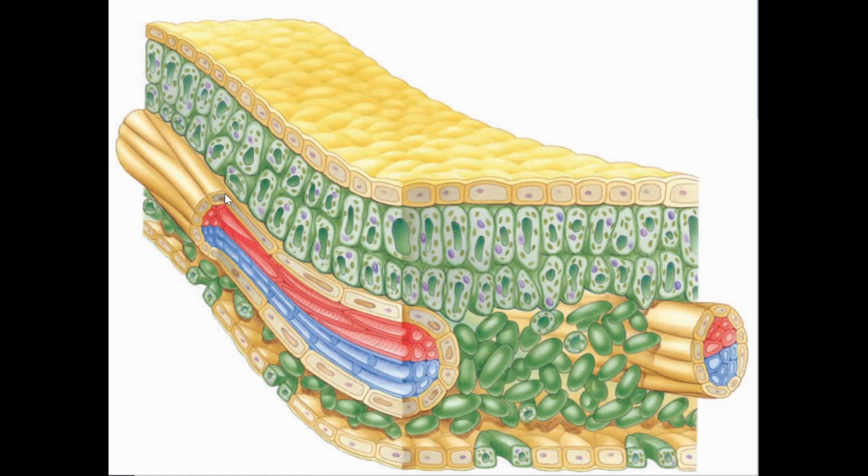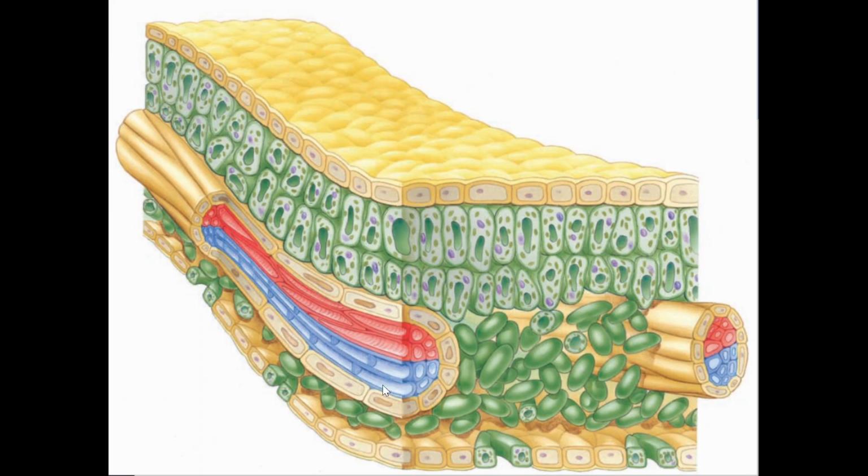And the vascular tissue, or the vein, extends over the whole leaf and usually has extensive branching. The veins have xylem and phloem: xylem conducts the water and phloem conducts the organic substances, mostly sugars.